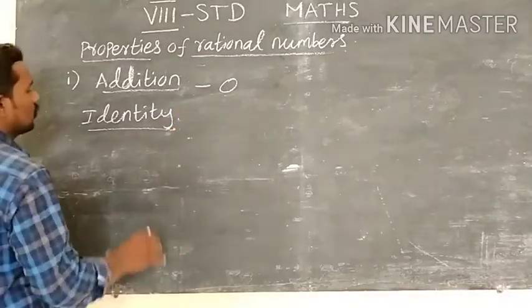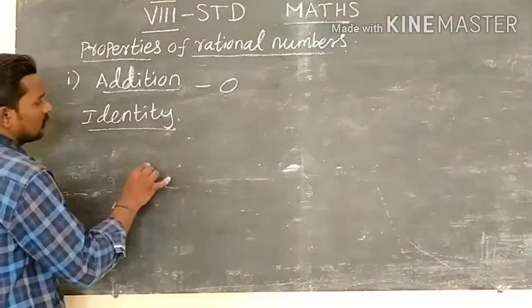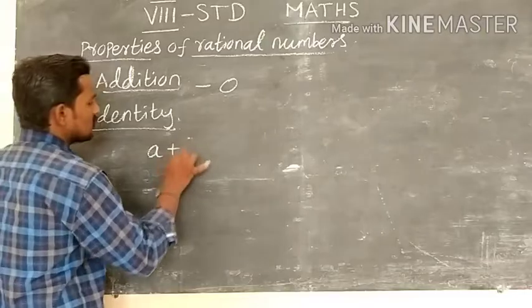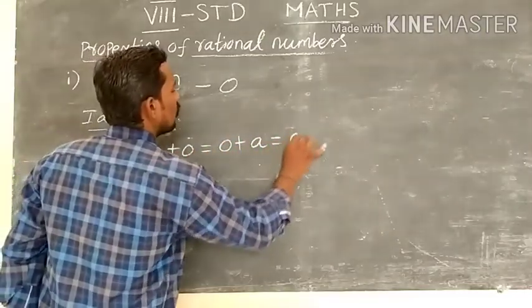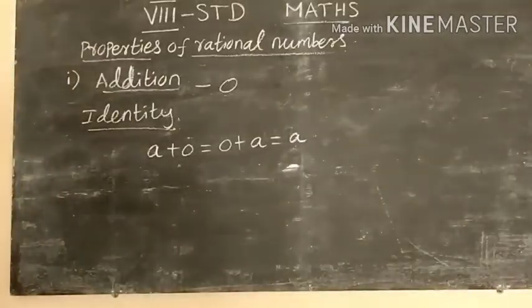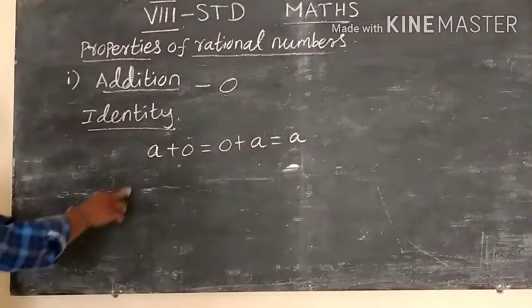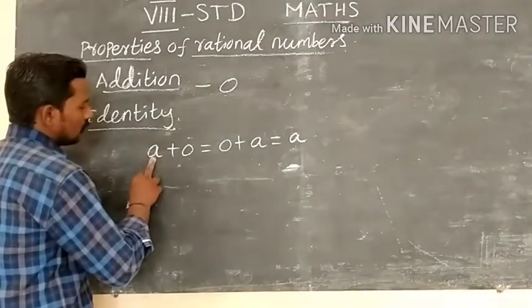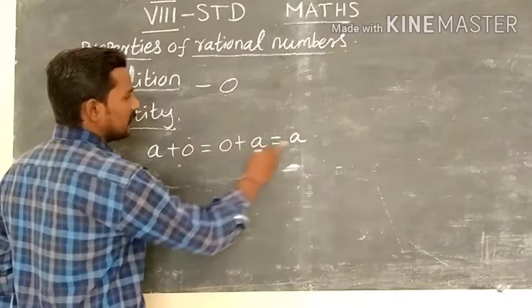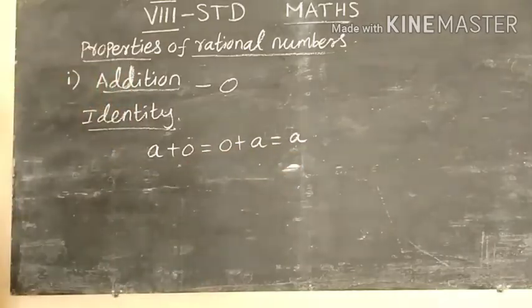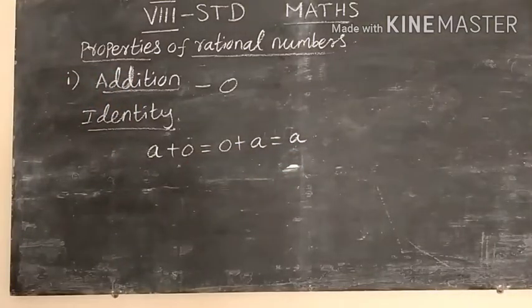The property is a plus 0 is equal to 0 plus a is equal to a. Okay, this is the identity. So if you select any number, the number added to 0 gives the same number. So, the identity element of addition.